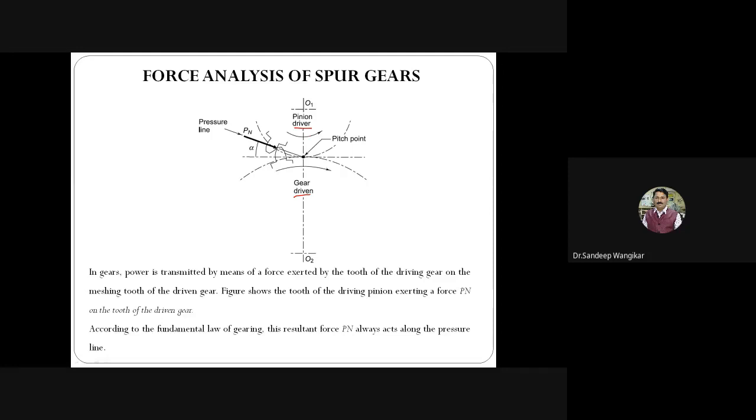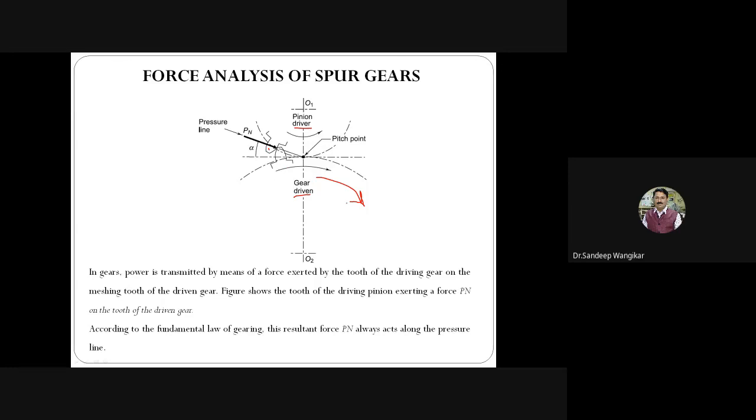Since the pinion is the driver, the teeth of the pinion will exert a force on the teeth of the gear, and due to this force only the gear is rotating, because the pinion rotates anti-clockwise and its tooth forces the tooth of the gear.